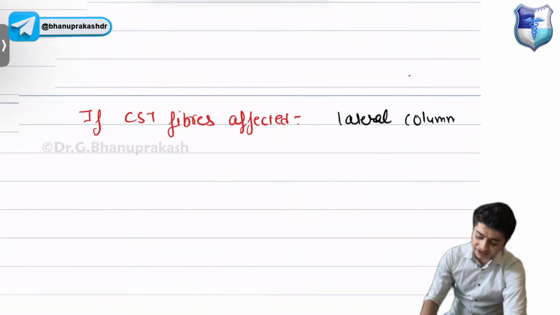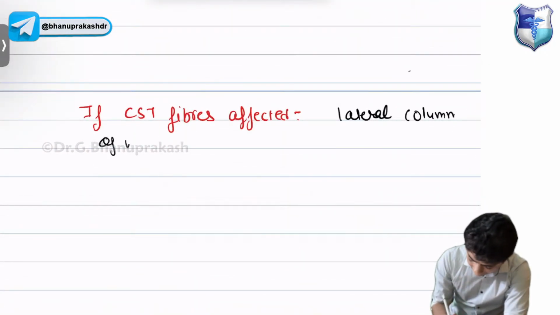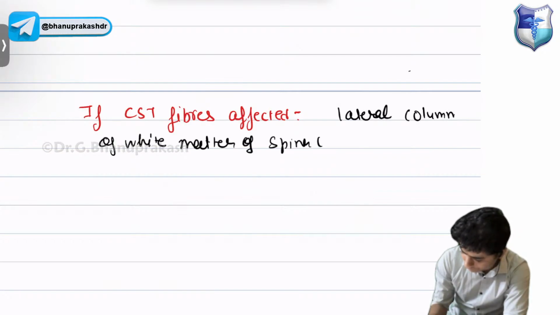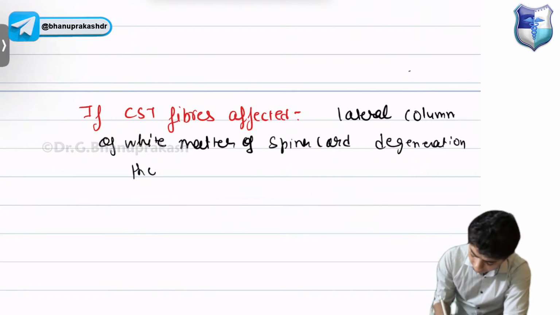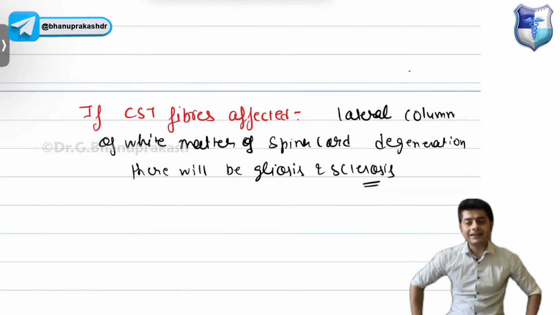So if CST fibers are damaged, the lateral column of white matter of the spinal cord shows degeneration, and there will be gliosis and sclerosis.